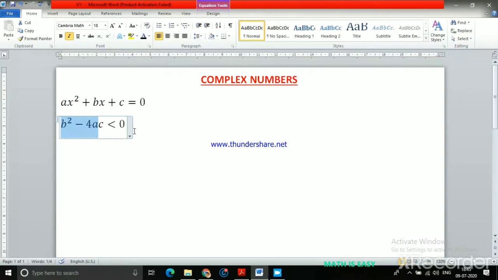So now in the complex number system we are going to solve this type of questions, where b square minus 4ac is less than 0.